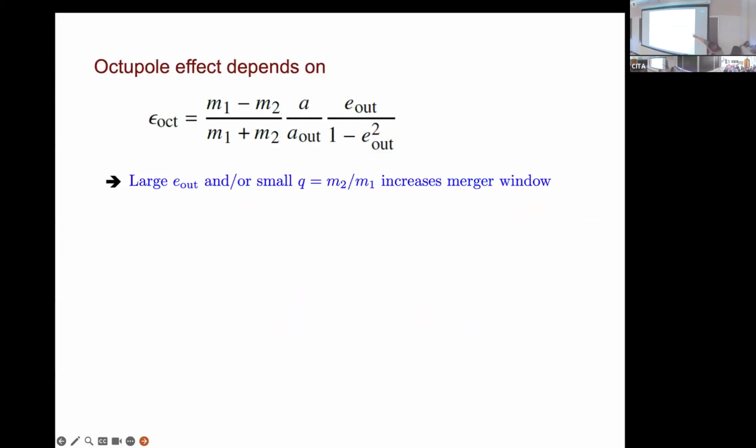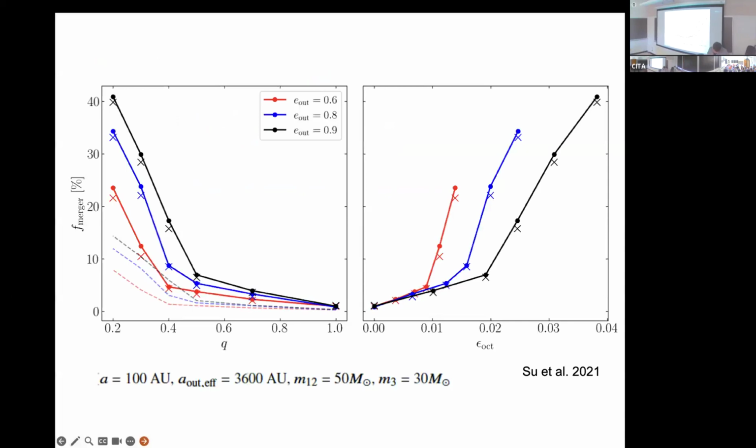Now, let's look at this expression for the octupole strength. You can see that, everything being equal, if you have a very asymmetric binary, namely if M1 and M2 are very different, they tend to have a larger octupole, and the octupole effect can be larger. So here I put a system where the total mass is 50 solar masses.